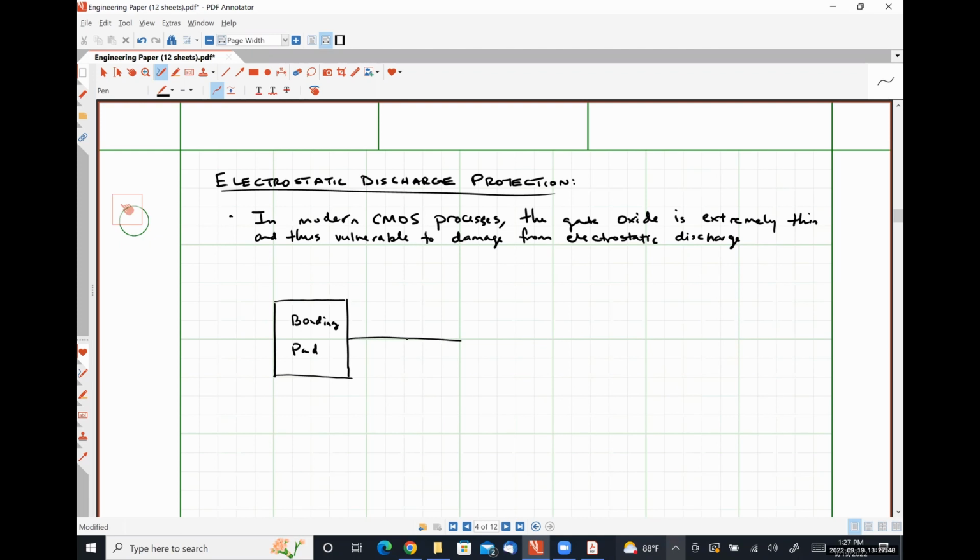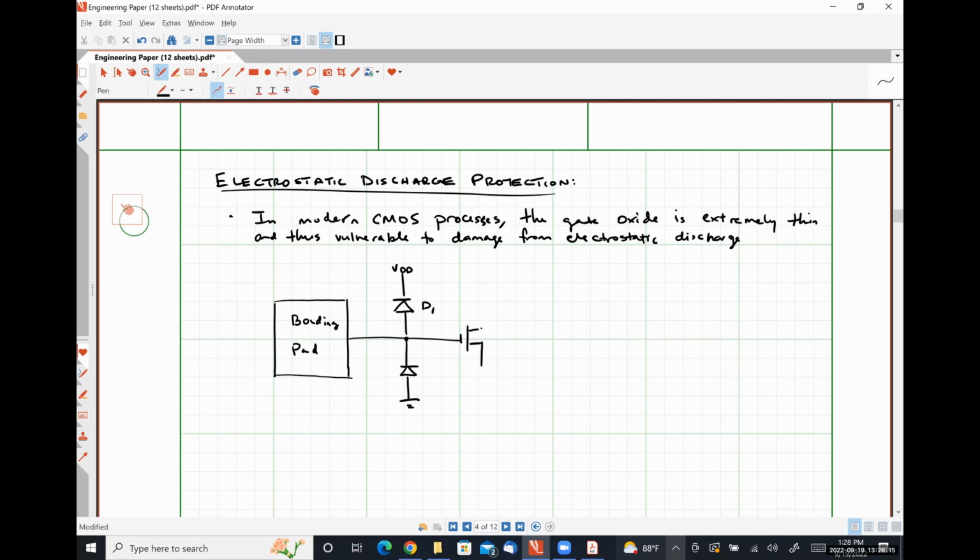And then we have this node right here, where we have a diode between VDD and this port. Let's call this V1. And then we have another diode between that same port and ground. And then here is our transistor.